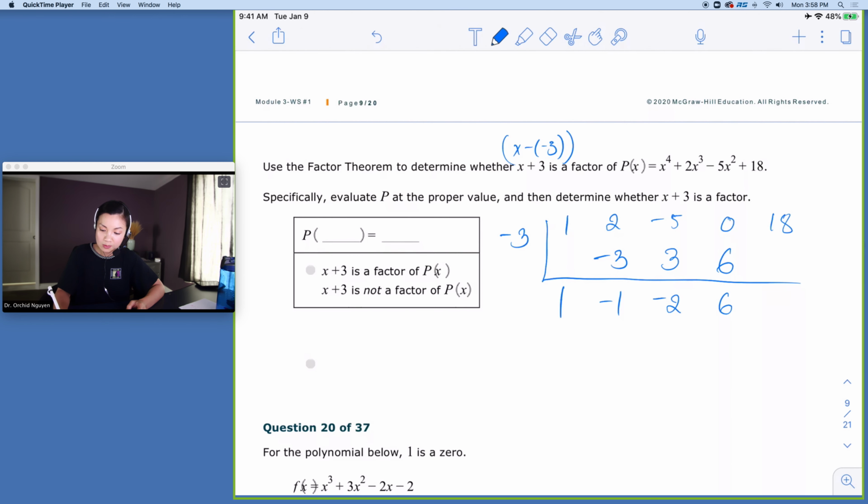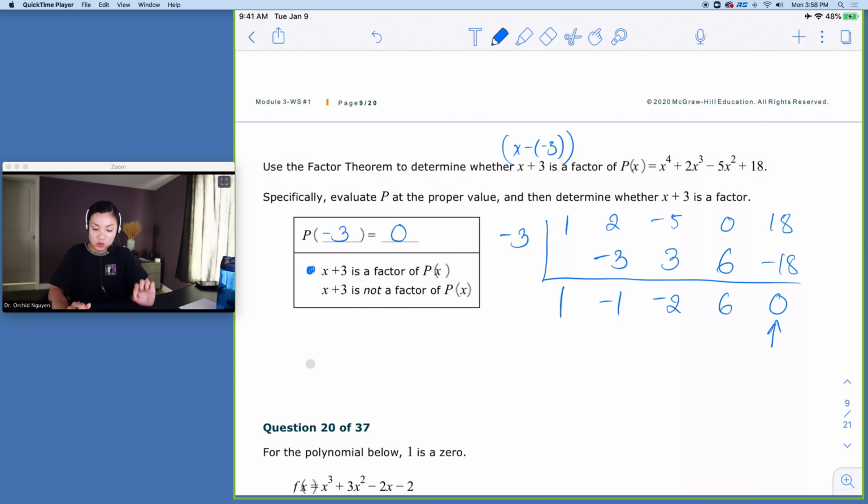Negative 3 times 6 is negative 18. And we get 0 for the remainder. Therefore, we know that this is a factor because we get 0 remainder here. And if I put P of negative 3, I'm going to get 0 because that's the remainder.